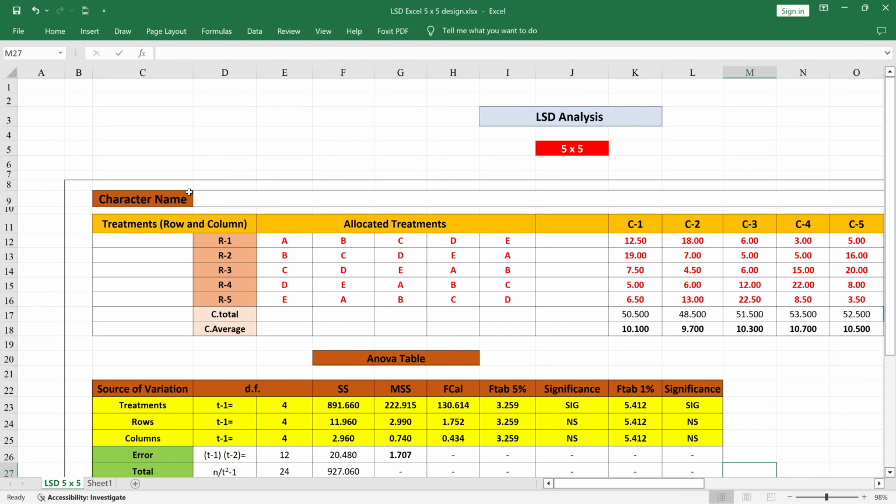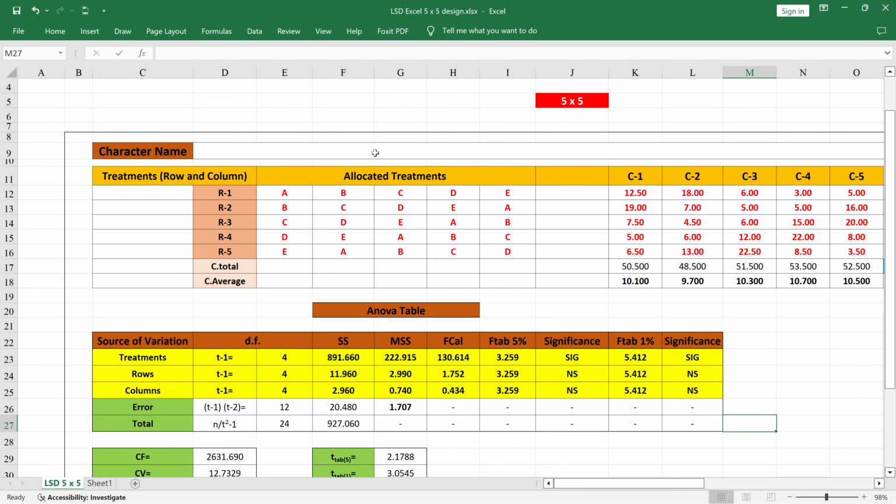You can put the character name, whatever character you consider for the analysis, over here, so that it's easy to understand which character is being analyzed.